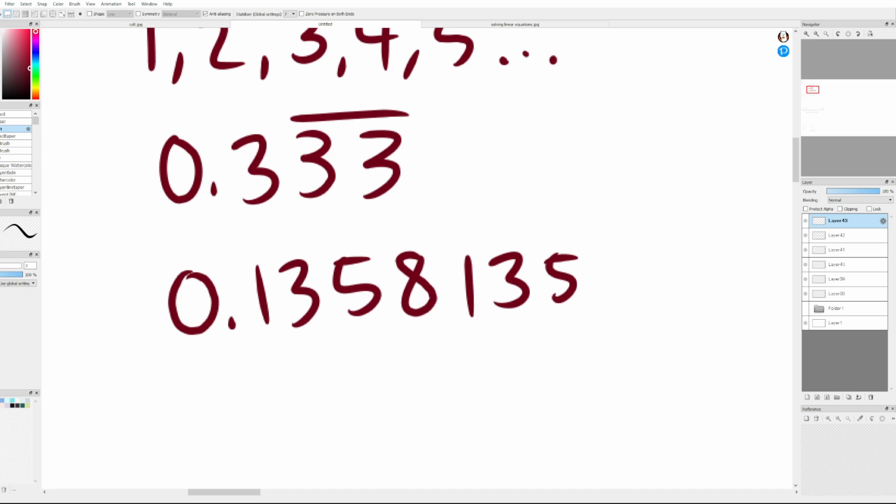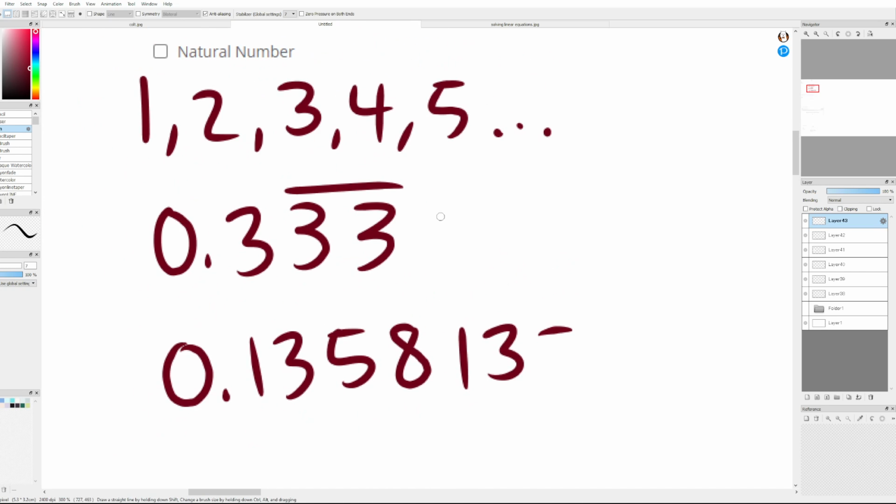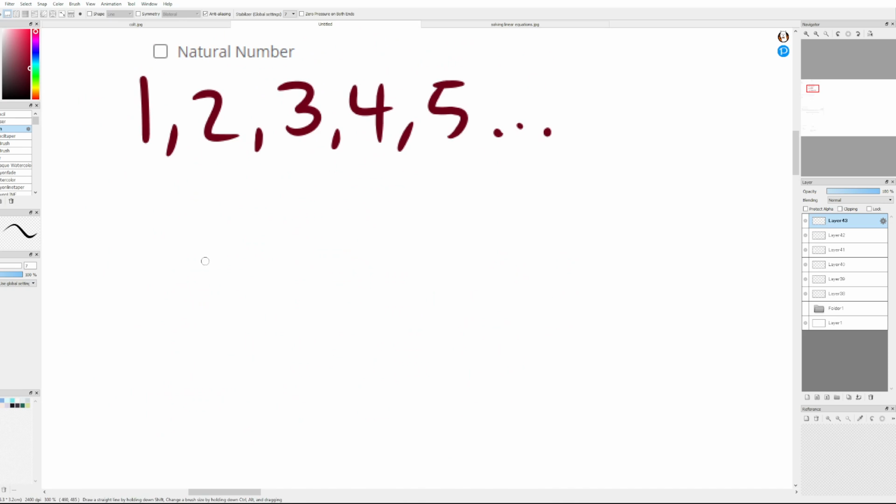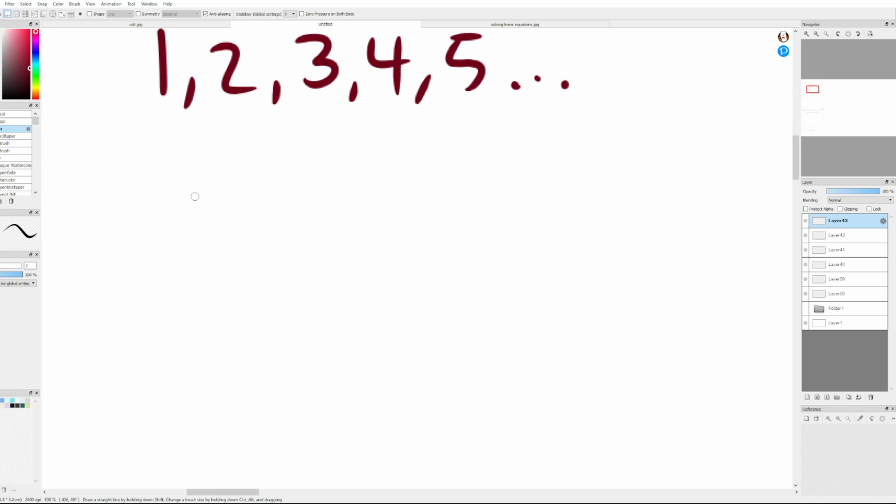So that's rational. However, an irrational number is going to be a decimal that is non-repeating and non-terminating. The most common way they'll be represented is something that is square rooted, like the square root of 3.